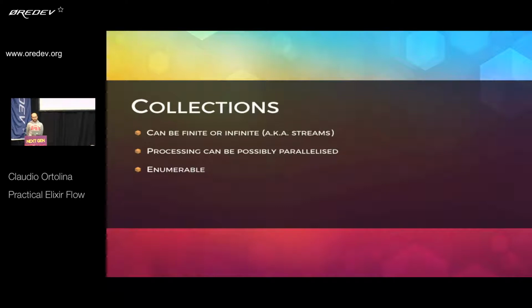Finally, there's an idea in the language which is common to other functional languages, which is the idea that collections of any kind are enumerable. And it's worth mentioning this because enumerable is basically, in general, the interface that we're going to use when we want to start processing things.